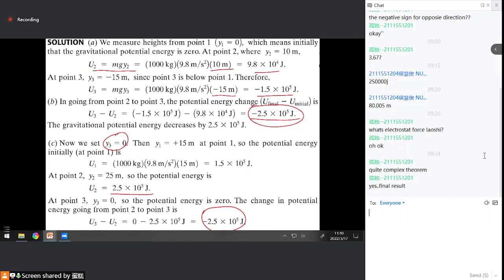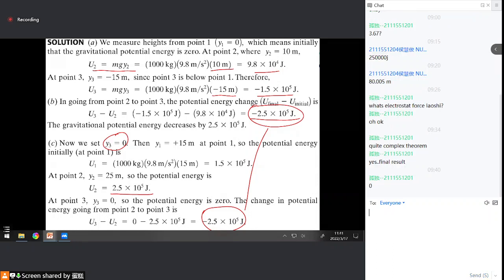It's not the same. That means the potential energy, even for the same position, depends on where you choose to be 0. But if we check the changes, these two are the same. That means the change of potential energy does not depend on where you choose to be 0. The exact value of the potential energy depends on where you choose to be 0, but the change of potential energy does not. So that's about the potential energy.